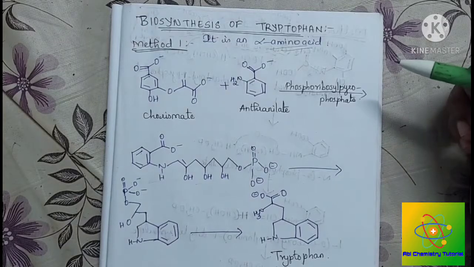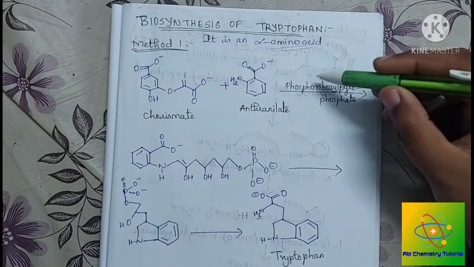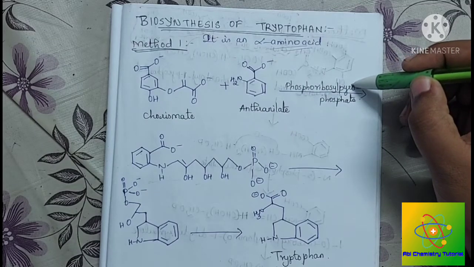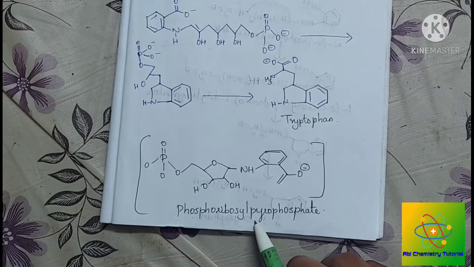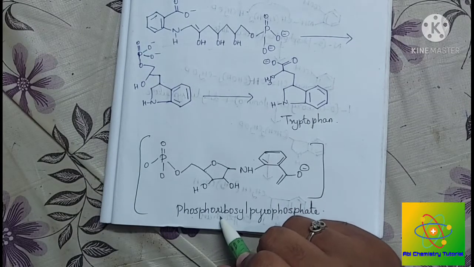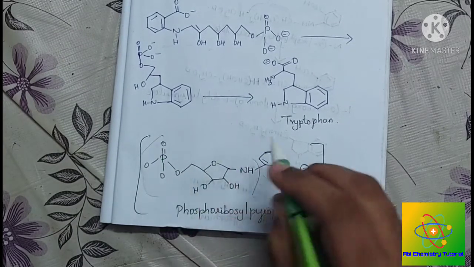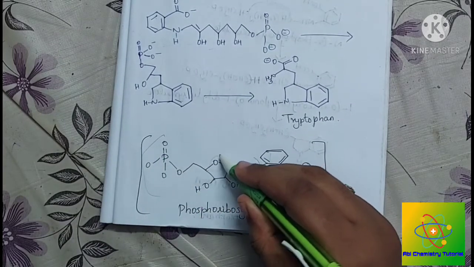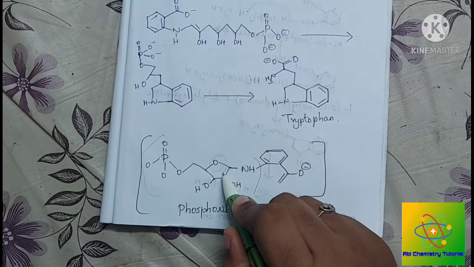So this is the biosynthesis of tryptophan, and as I said, phosphoribosyl pyrophosphate. You can see its structure here. From this phosphoribosyl pyrophosphate, this portion is attached, only this O is removed and we have a double bond instead here.